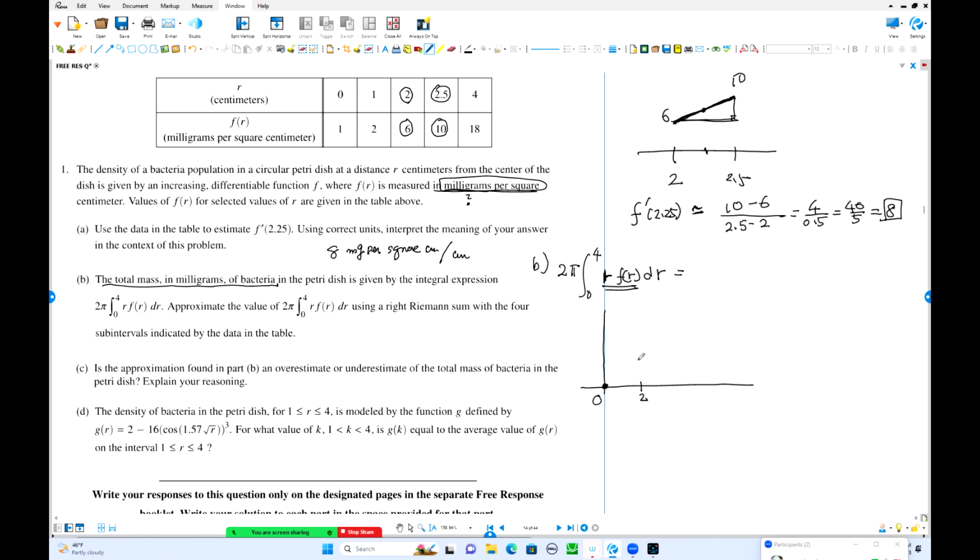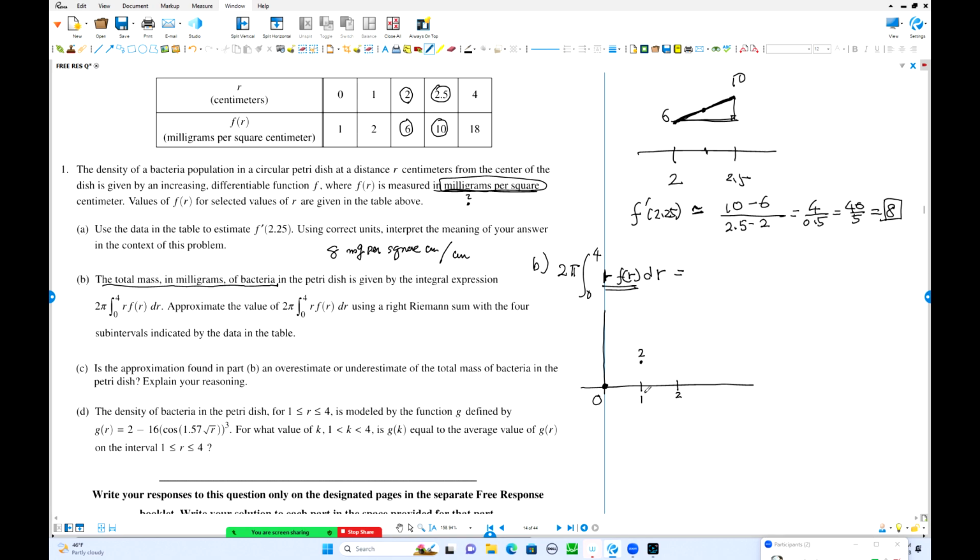When r is 2, r times f(r) is 2 times 6, which is 12.